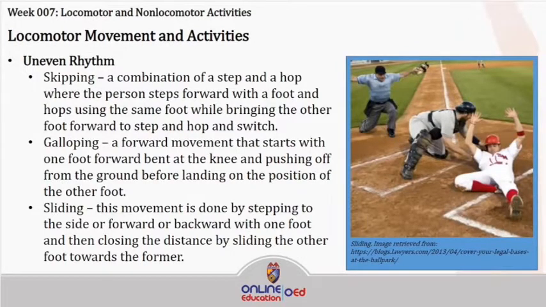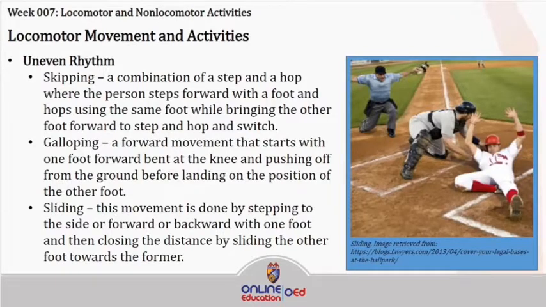A skip is a combination of a walking step and a hop. The skip is the most complex skill used for transportation of the body, and skipping is often combined with jumping or leaping in games and sports.